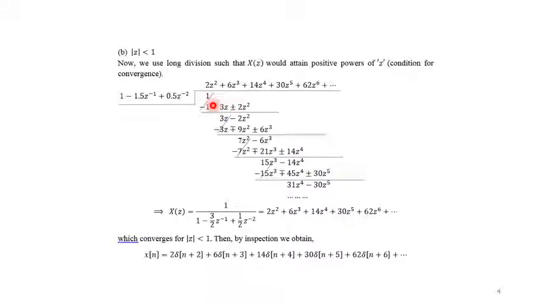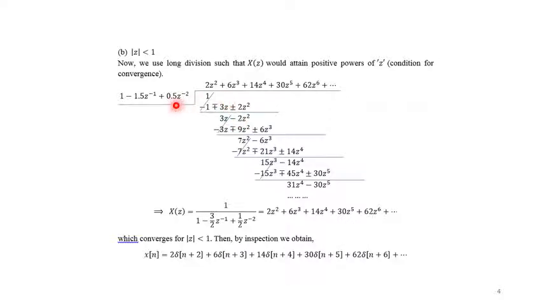Then I will multiply this with 1, so 2 multiplied by 1 is 2, so I get 2z square. When we subtract, I change the signs, so minus 1 plus 1 cancels, and we get 3z minus 2z square.